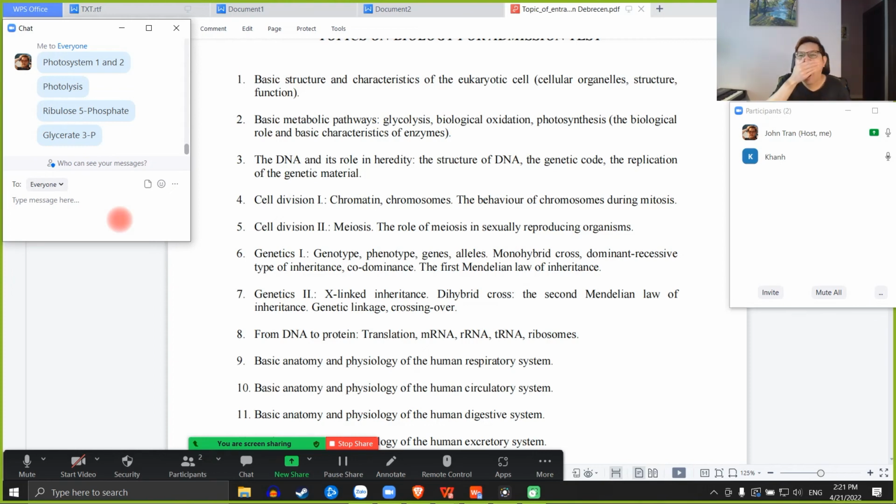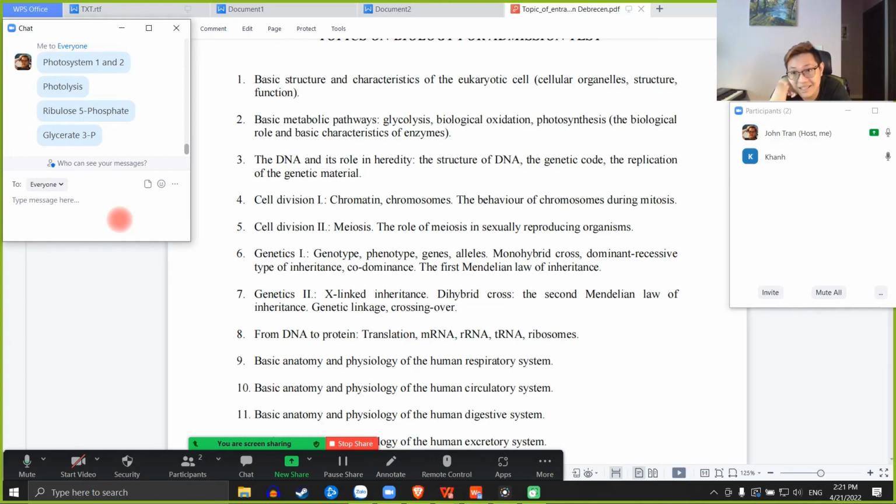Then the reaction is followed by 2 phases: the reduction phase and the regeneration of ribulose 5-phosphate. In the reduction phase, the glycerate phosphates are reduced to another 3 carbon sugar called triose.